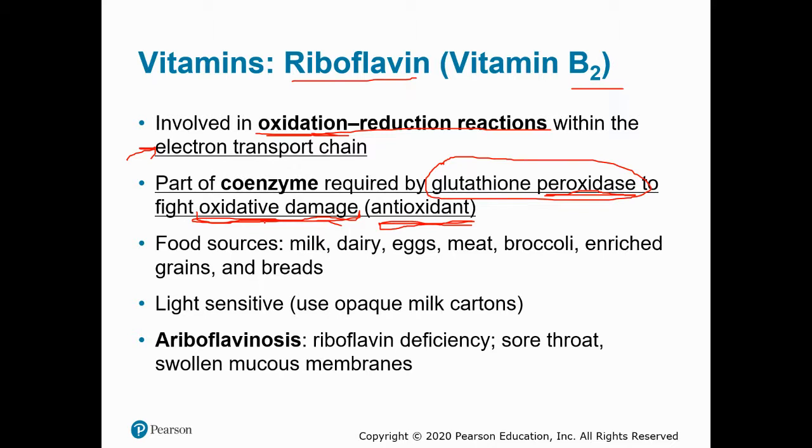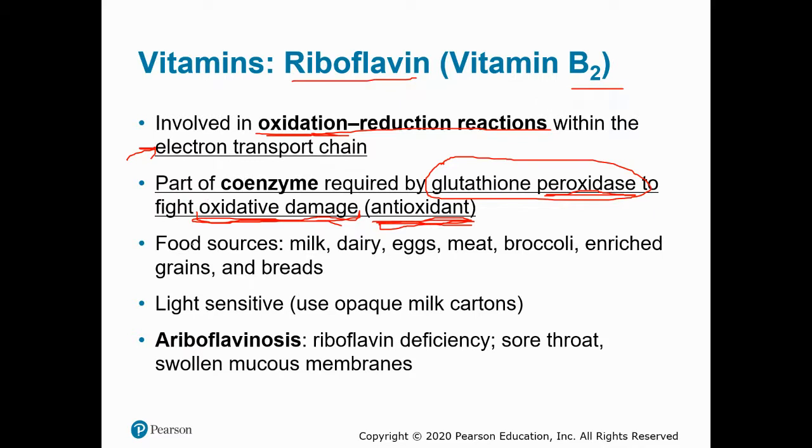It's sort of a natural course of living, but we also have systems to counteract oxidation. We call those antioxidant systems, and we're going to spend a whole chapter talking about antioxidants later on. So glutathione peroxidase is one type of antioxidant enzyme system that can support the counteraction of oxidative damage throughout the body.